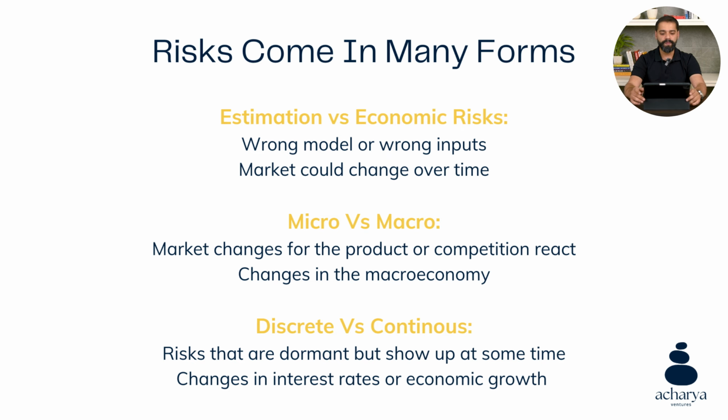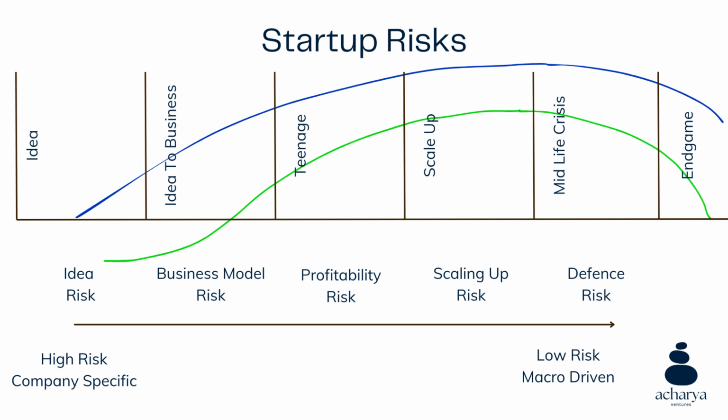If you look at risks from a life cycle of a company, at an early stage, it is a very micro risk related to your product, your industry, and as you grow and you go global and you expand, they become more macro risks. At the initial stage, there is a risk of the idea itself, right?